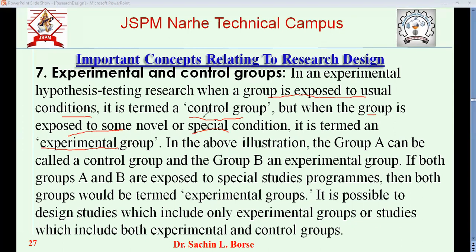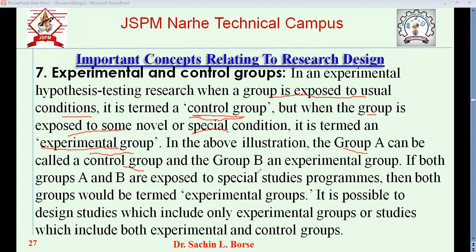But control group means what? It is as usual. That is called the control group, and something special or innovative, that is called the experimental group. In the previous example, group A, the usual study of statistics, is the control group.